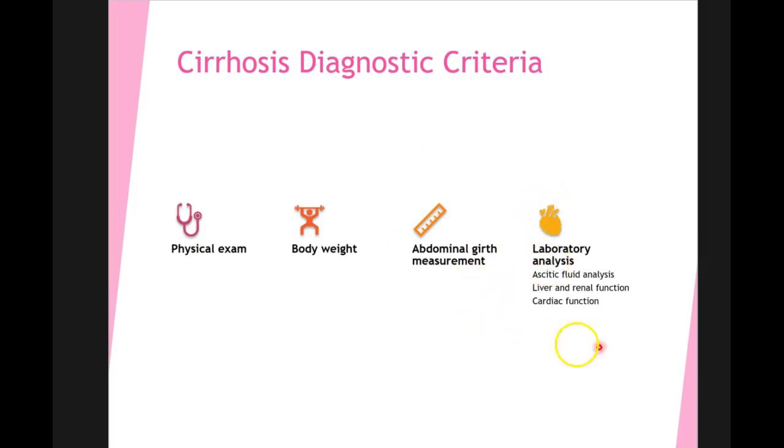Laboratory tests, specifically for ascites, would be a fluid analysis, namely because you want to make sure that it is indeed fluid and not blood, that they're not having any internal bleeding that's leaking into the peritoneum, but it's indeed third spacing and fluid from the vasculature.